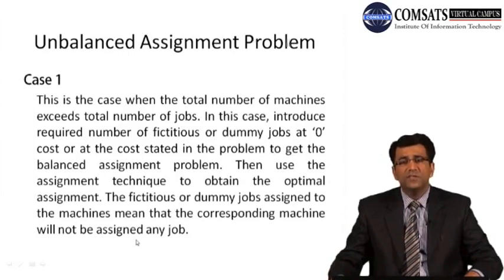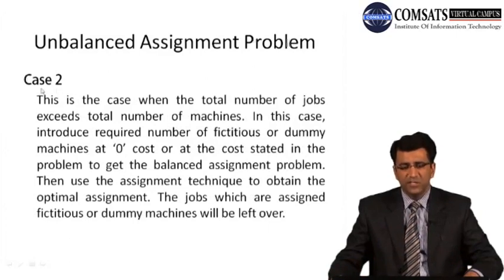So dummy jobs are being introduced just to make the unbalanced assignment problem a balanced assignment problem, and there will not be any difference at the end when we find the solution to this problem. So dummy jobs are just introduced to make this problem balanced.